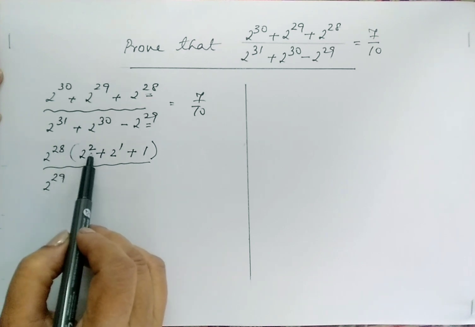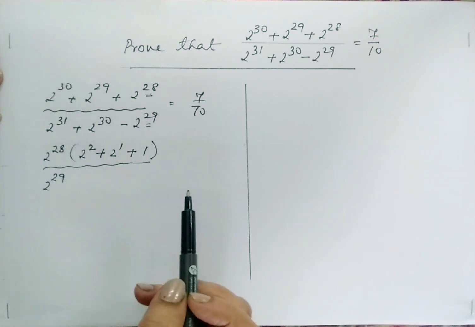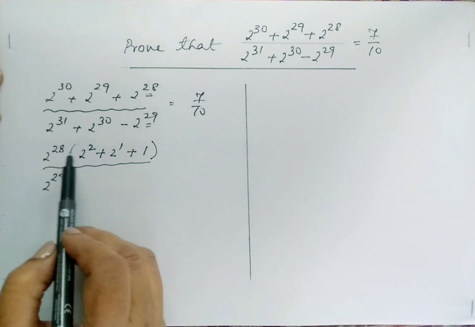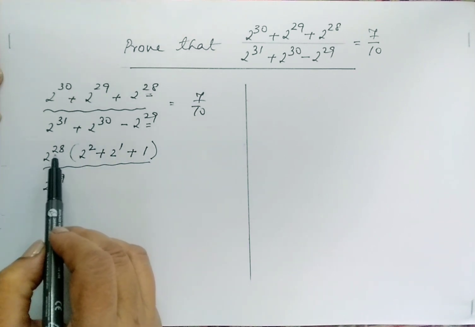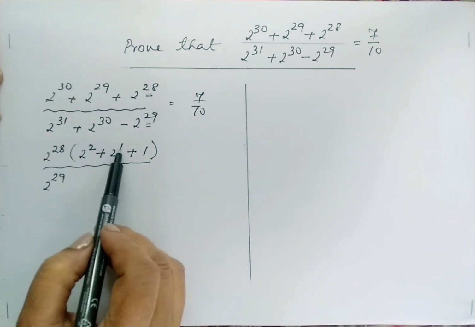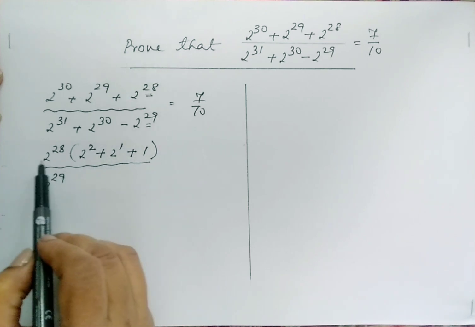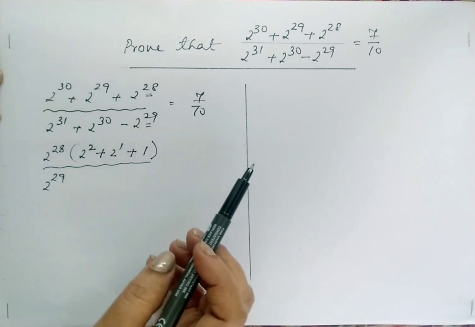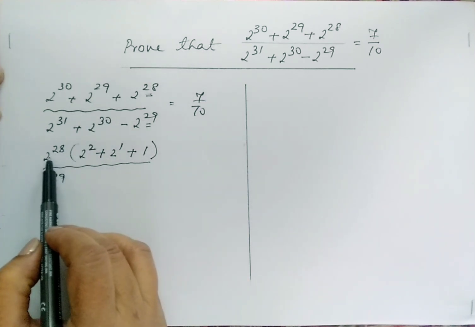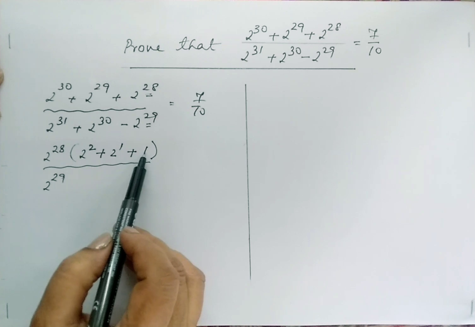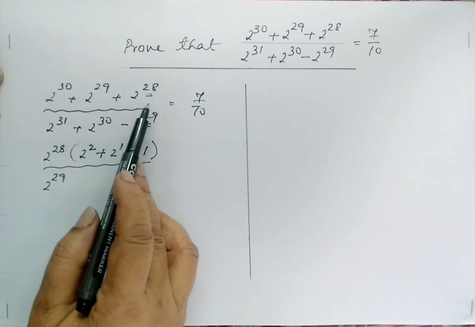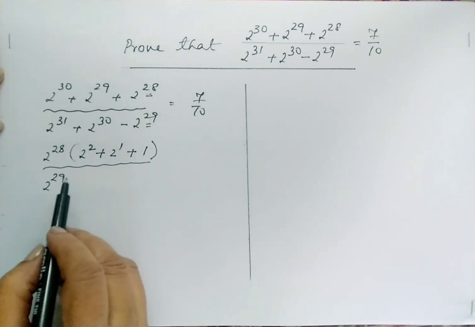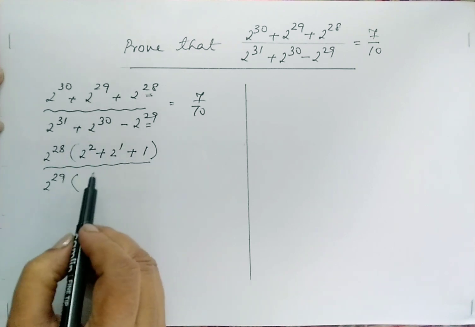So 28 plus 2 is equal to 30. Similarly, 2 to the power 28 plus one more power, having the bases same, we get 2 to the power 29. And here 2 to the power 28 multiplied by 1 will give the number itself, correct? The same we do in the denominator.